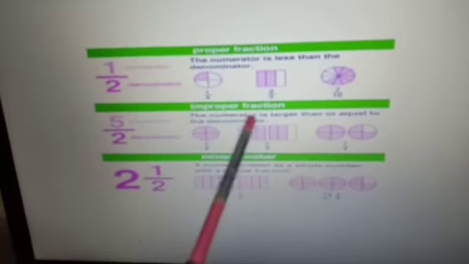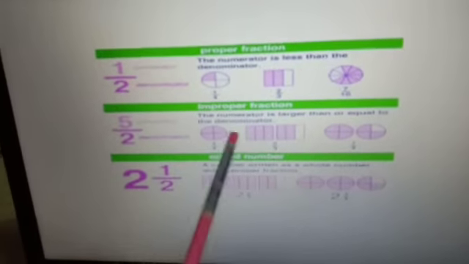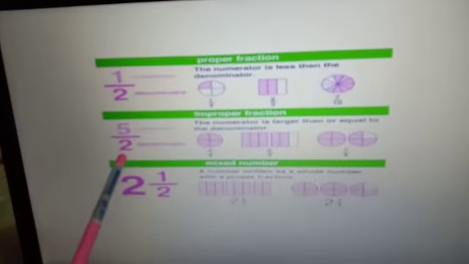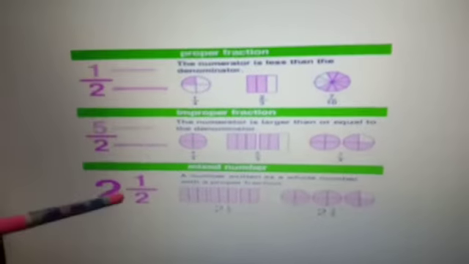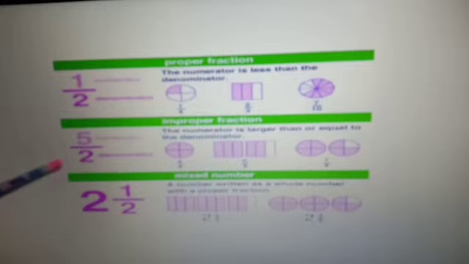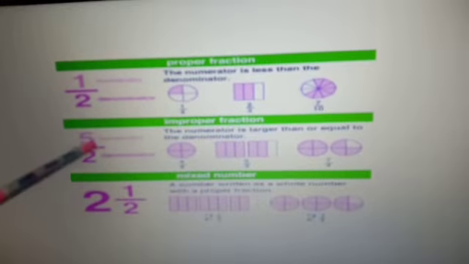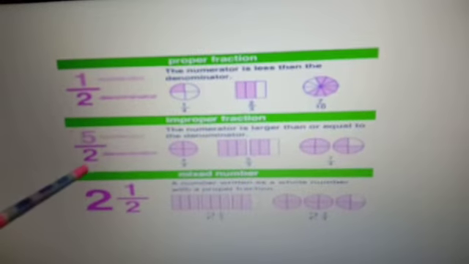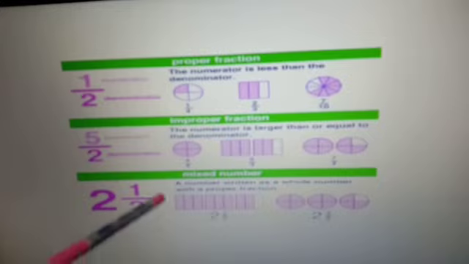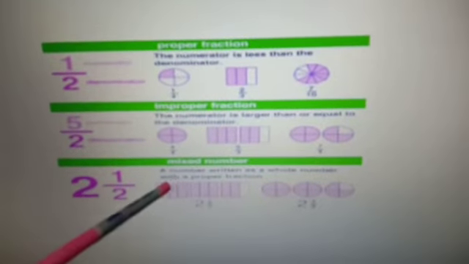Next type, improper fraction. Improper fraction is nothing but if the numerator is greater than the denominator. If the numerator is greater than the denominator, we can say 5 by 2 is an improper fraction. Why? Because numerator is greater than the denominator. And next type is mixed fraction.